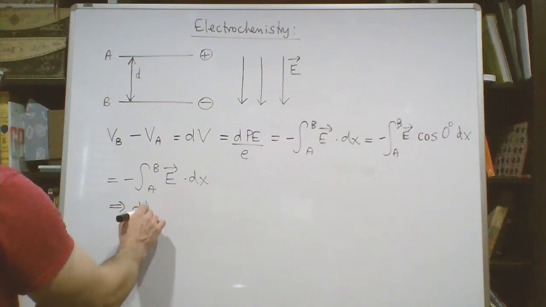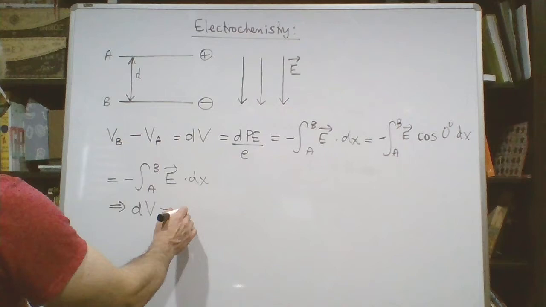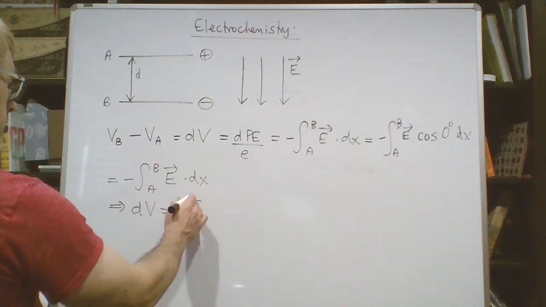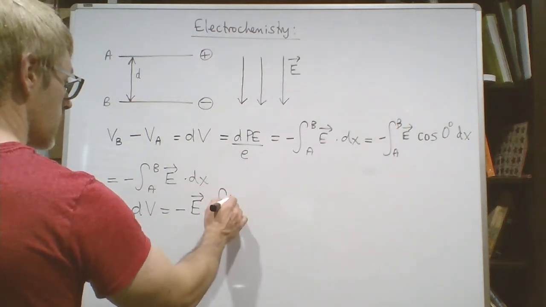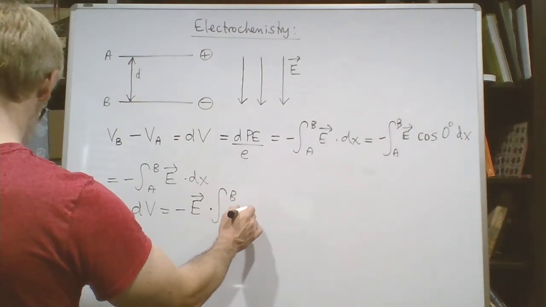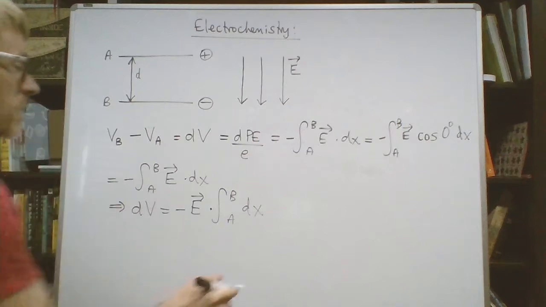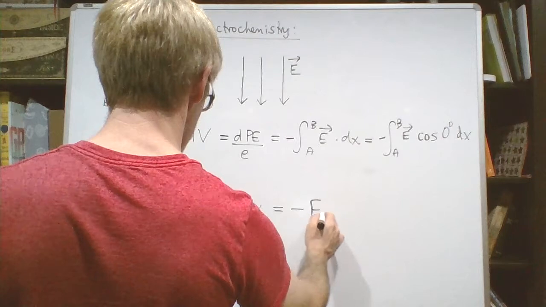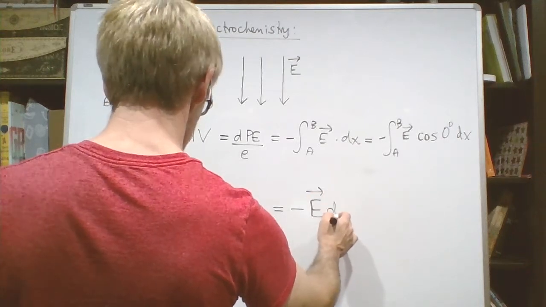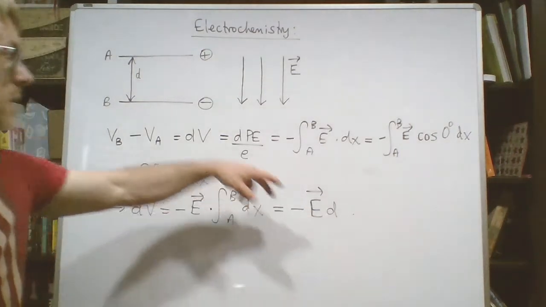So this implies that dV, which is what we had initially, is equal to minus the integral of E from B to A dx, which is equal to minus E d, where here d is the difference between these plates.